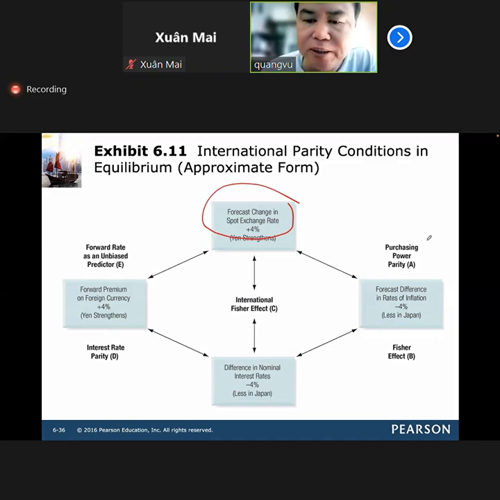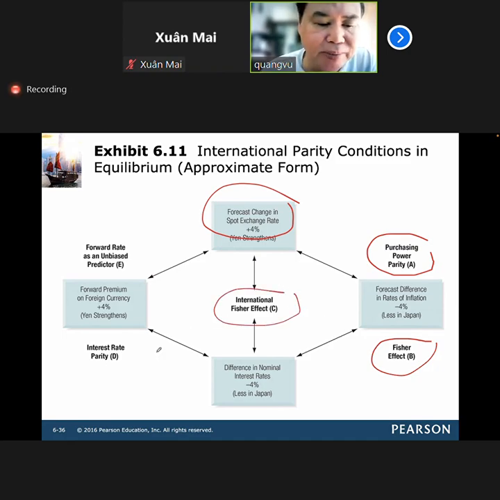The first one, the triple P, or purchasing power parity theory, the law of one price. This theory completely depends on the law of one price. You have the Fisher effect theory. You have the international Fisher effect. You have interest rate parity. Yes, we have four economic theories that allow you to predict changes in exchange rates in the future.